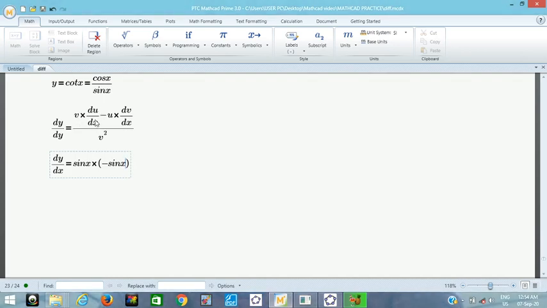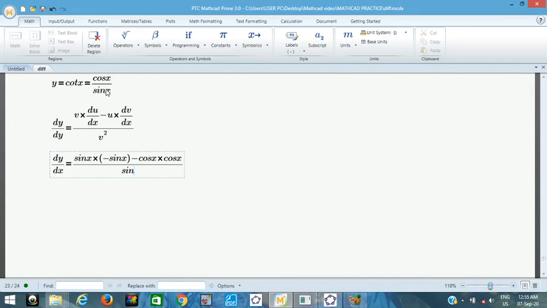We say v times du/dx, and u is the numerator, so the differentiation of the numerator is minus sine x, multiplying the denominator, which is sine x. Then minus u, which is the numerator cos x, multiplied by dv/dx, the differentiation of the denominator. The differentiation of sine gives us cos x. So that is all the numerator, then divided by v squared, the denominator squared, which is sine squared x.